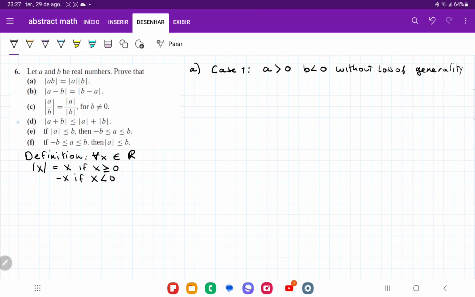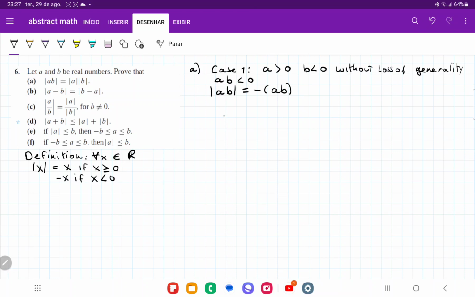So in this case, the product AB is less than 0. And so the absolute value of AB, because this is negative, is minus AB.